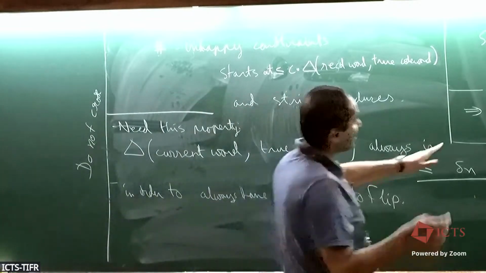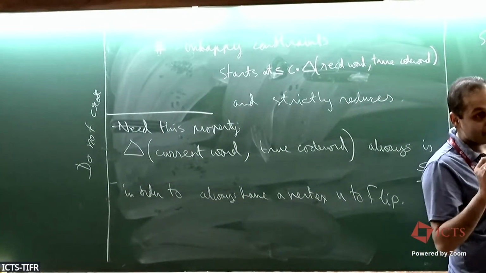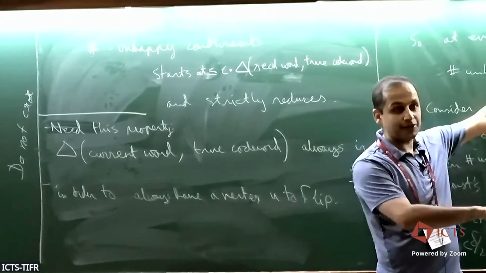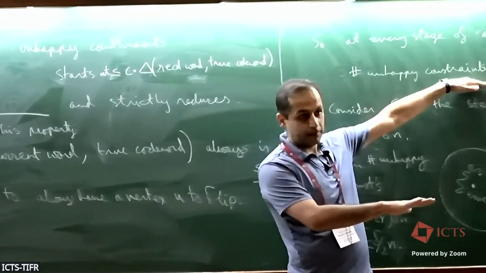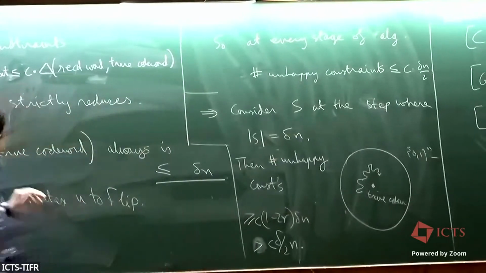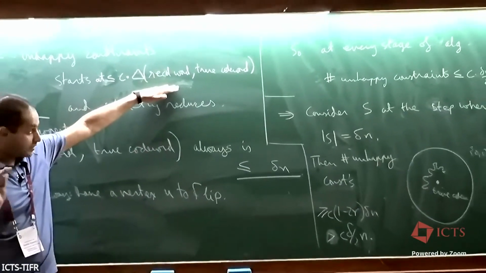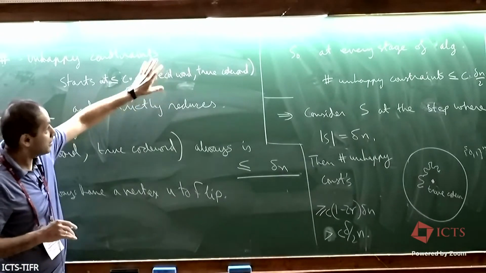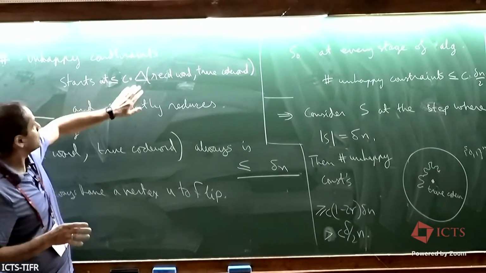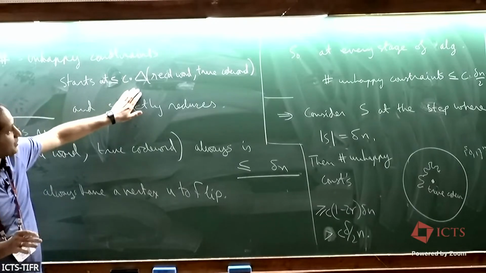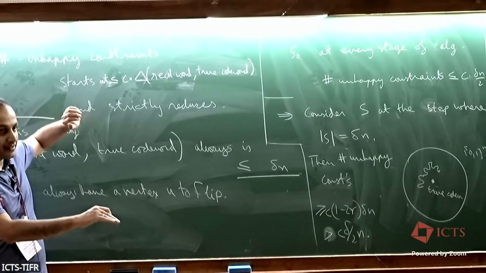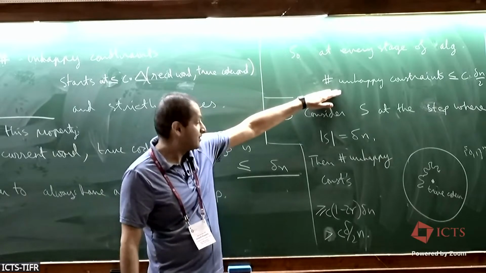Because we started with the number, initially it's at most C delta n over 2. That's the promise, that it's at most delta n over 2 far. Therefore, the number of unhappy constraints is at most C delta n over 2. And then it keeps reducing. So we're always like this.